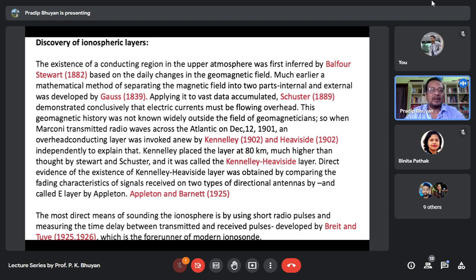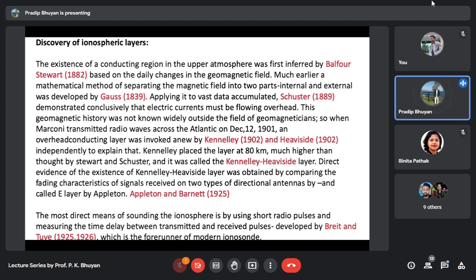So this geomagnetic history was not known widely outside the field of geomagneticians. So when Marconi transmitted radio across the Atlantic, as we have said, in 1901, an overhead conducting layer was invoked again by Kennelly 1902 and Heaviside 1902 independently to explain that.